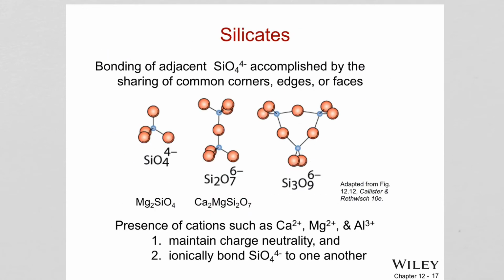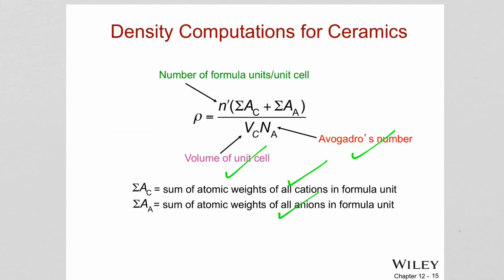Let's do an example here. Let's calculate this for sodium chloride. And n prime was the number of sodium chloride units per unit cell.